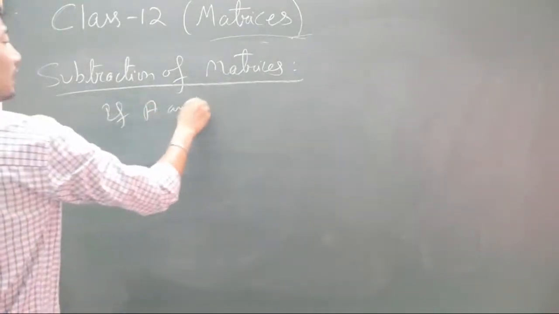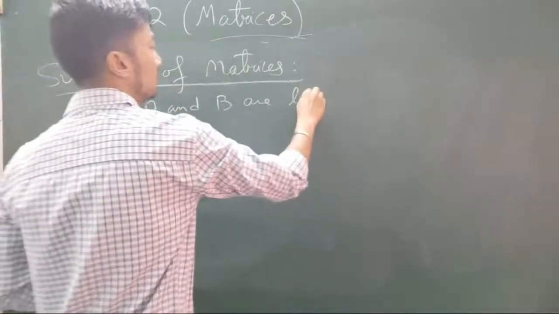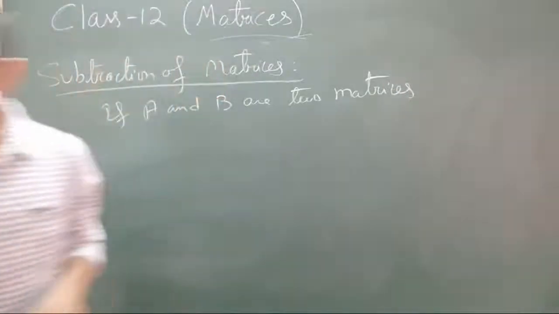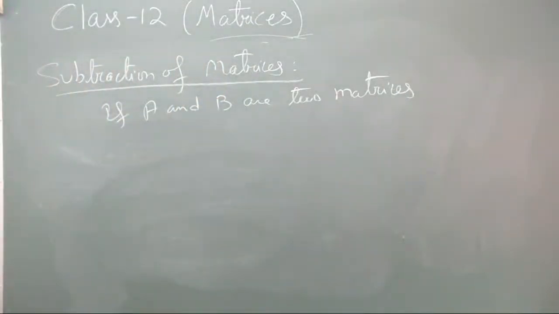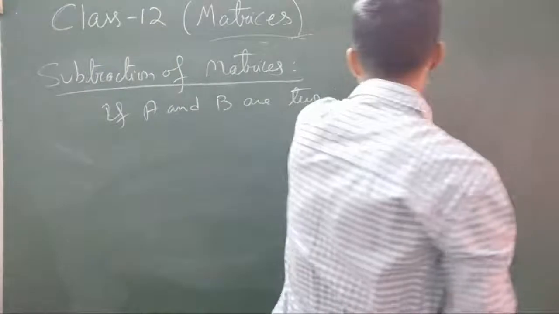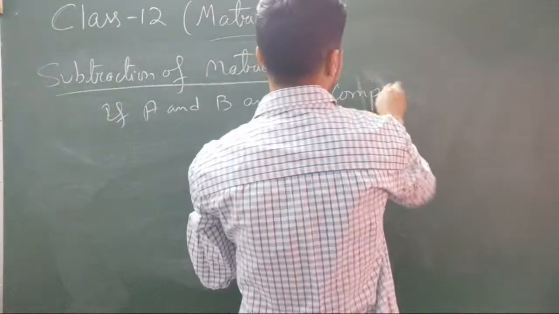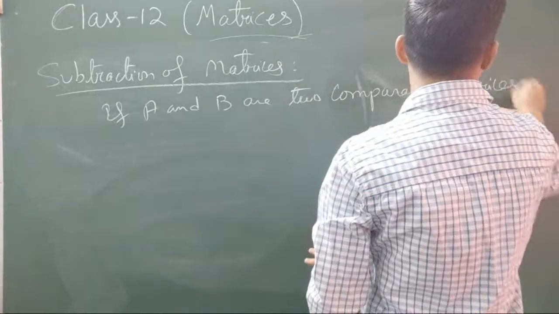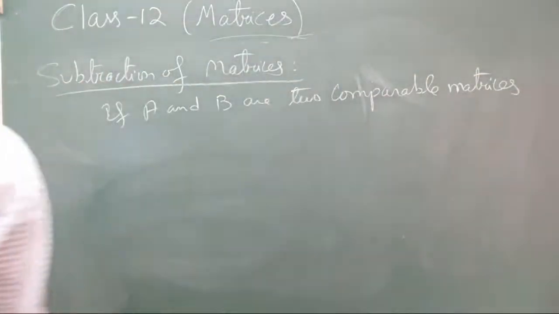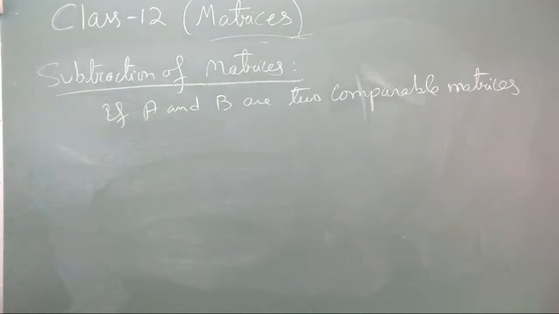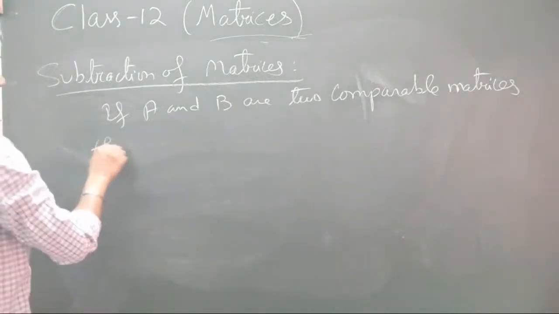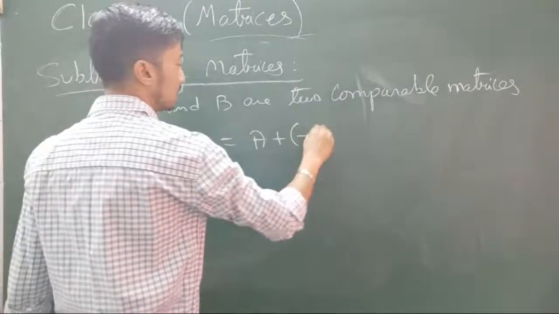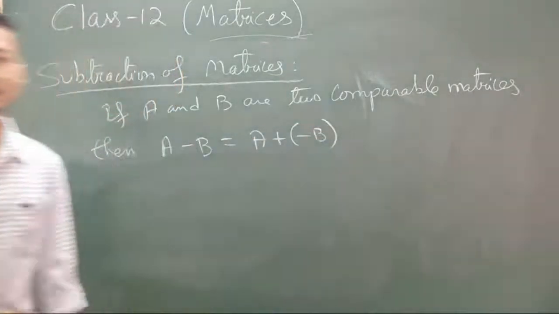If A and B are two comparable matrices, then A minus B is defined as A plus of minus B. Just a small note.